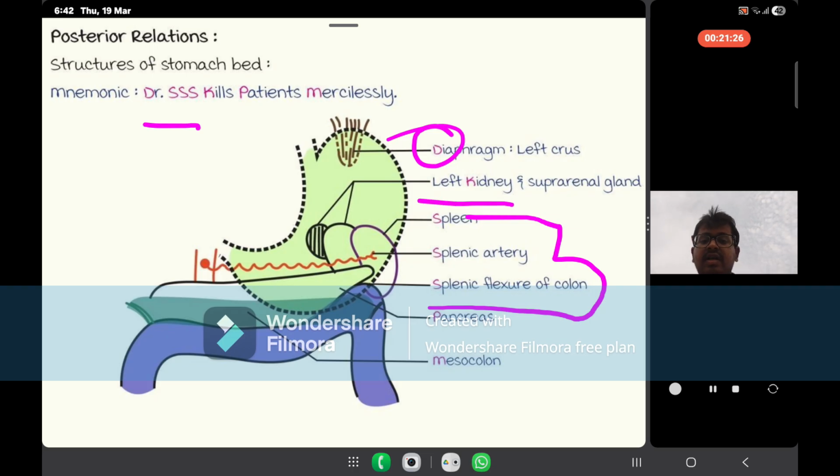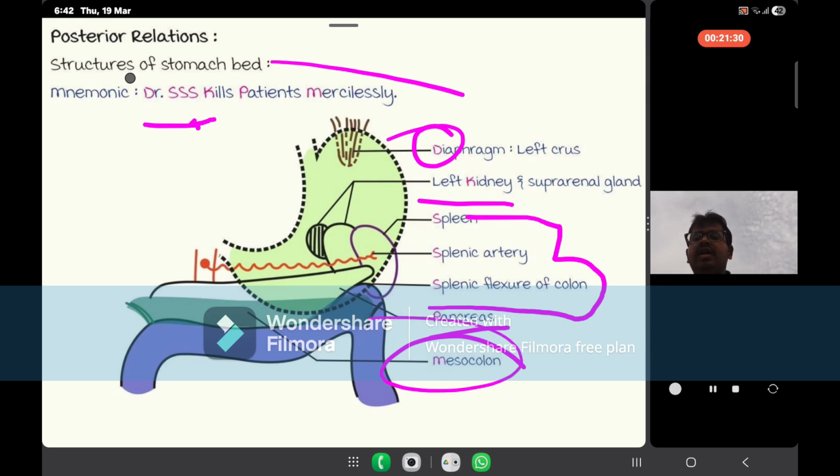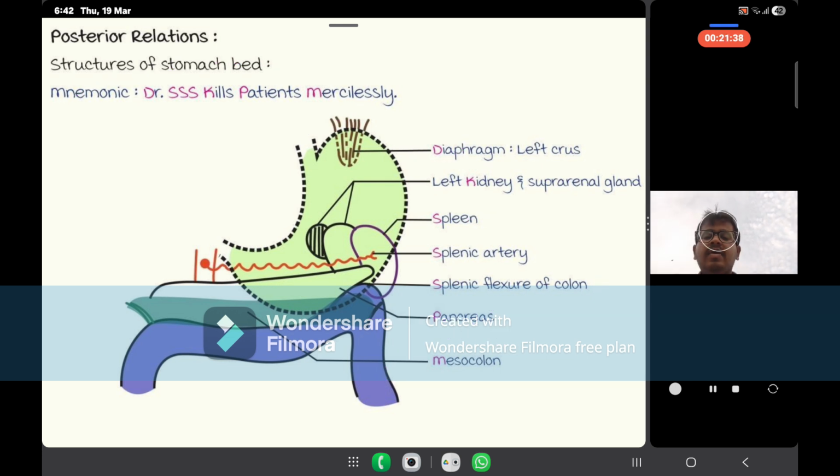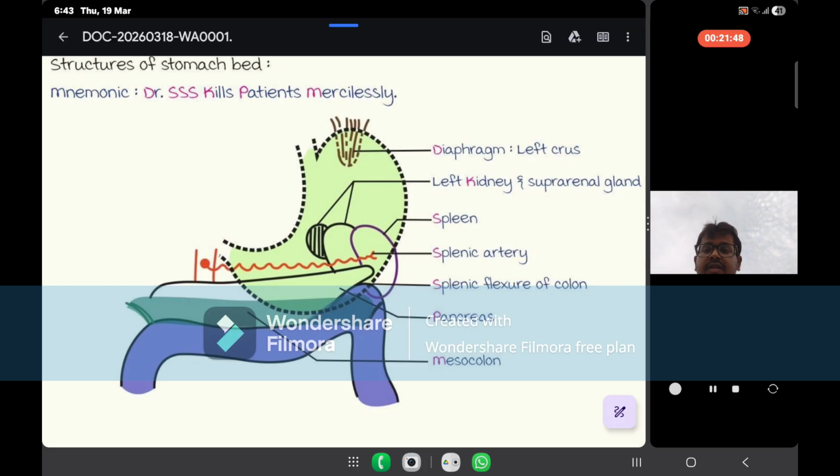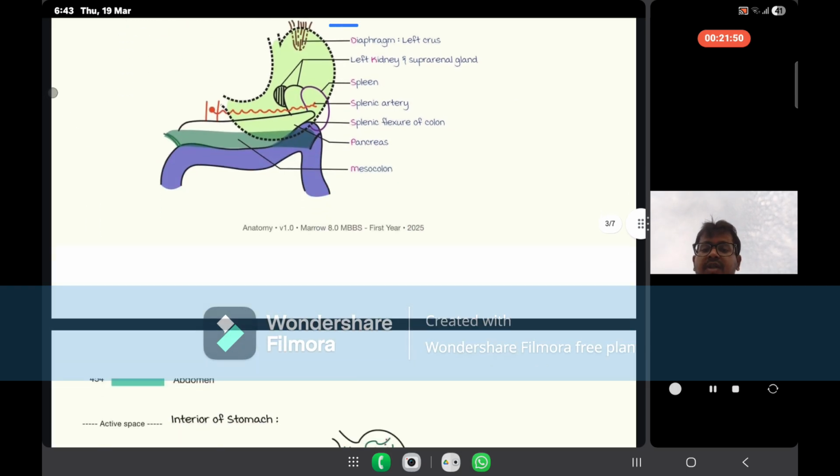Kills is the left kidney, patient is the pancreas, and mercilessly is the mesocolon. So if you remember the spleen, you can make the connection with the splenic flexure of colon and the splenic artery. Three things you can see here. In this way you can do this. Understand what I want to say?